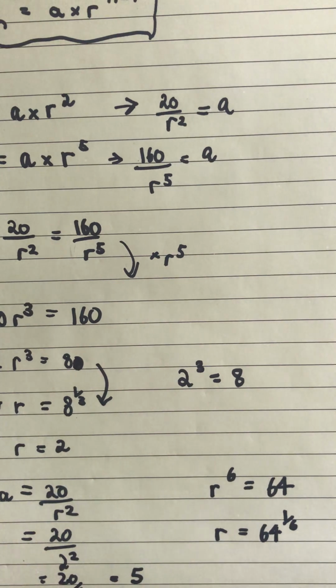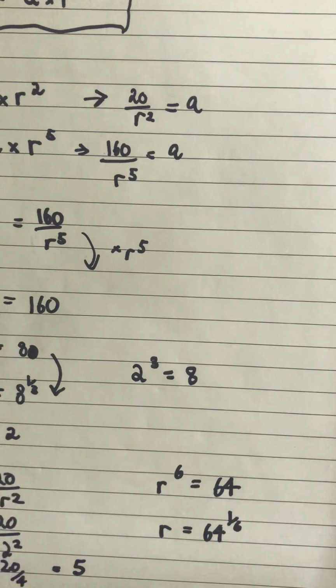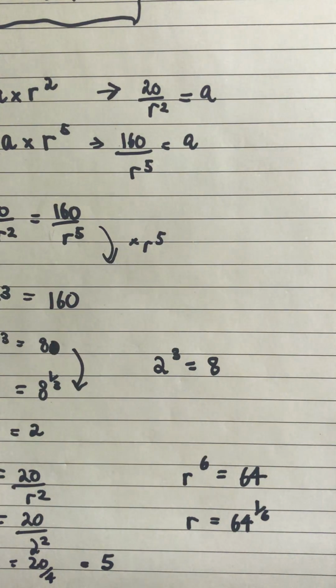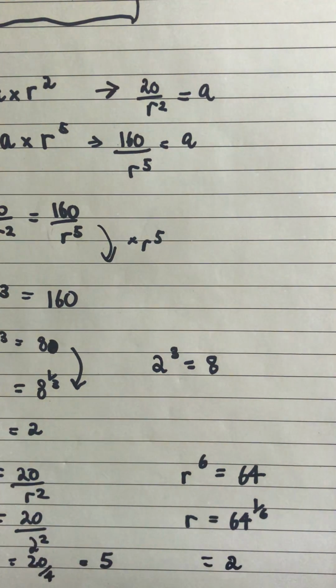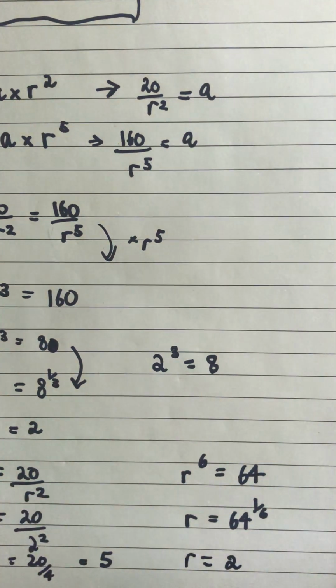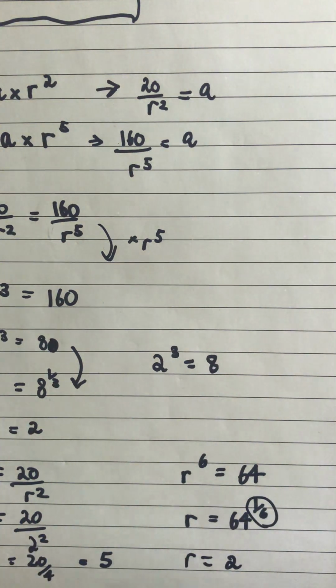I'll get my calculator. 64 to the power of 1 over 6 gives us 2. In this case, I did work that one out right, so that was good. So we can use that fractional index to undo or work backwards when we have a power that we're trying to work out. Hopefully that is helpful and helps you tackle those types of questions.